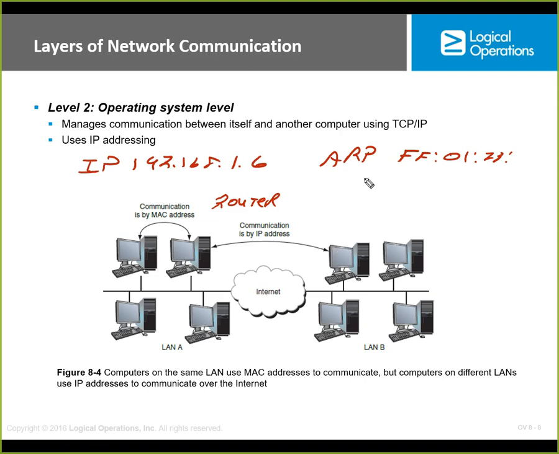The only way to find that IP address is with the MAC address, and that's what this communication by MAC address is trying to show here, that they're on the same network. The router is going to find the network that it's on. The ARP protocol is going to find the specific computer that's associated with that IP address.